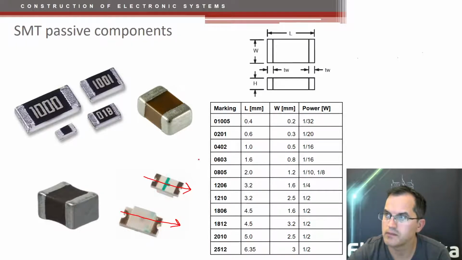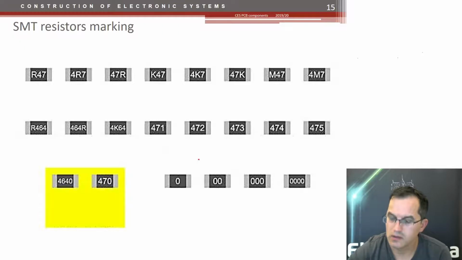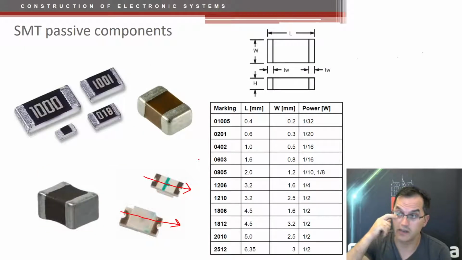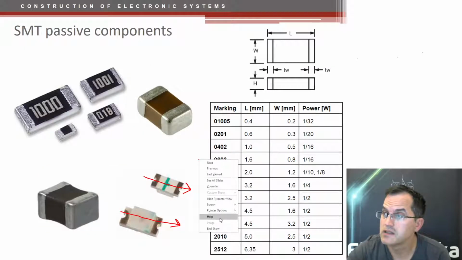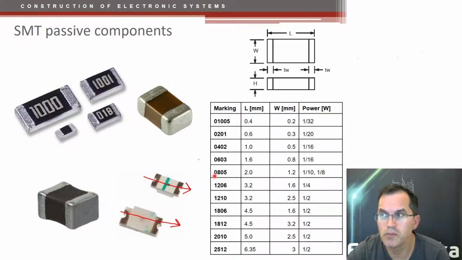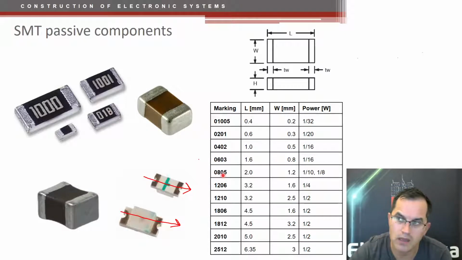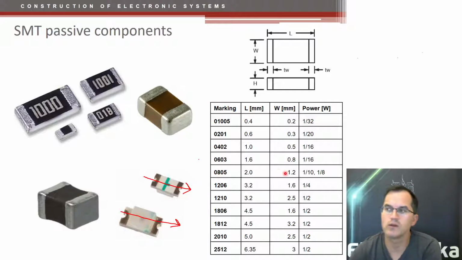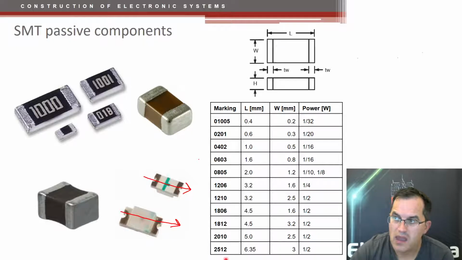Okay, going further. Sorry, about the size marking. Yeah, that's important. The values here are in tens of mils, which means 0805 means 80 times 50 mils, or 2.2 times 1.2 millimeters, and so on. These size markings are standardized and used worldwide.